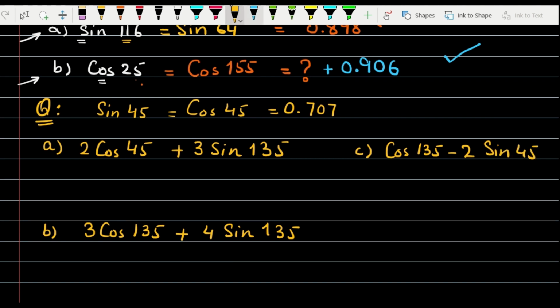Okay, so first of all, we need to understand the question statement. Sine 45 is equals to cos 45 and the value is 0.707. So you can even write it as sine 45 is equals to 0.707, right? And cos 45 is equals to 0.707. Clear?